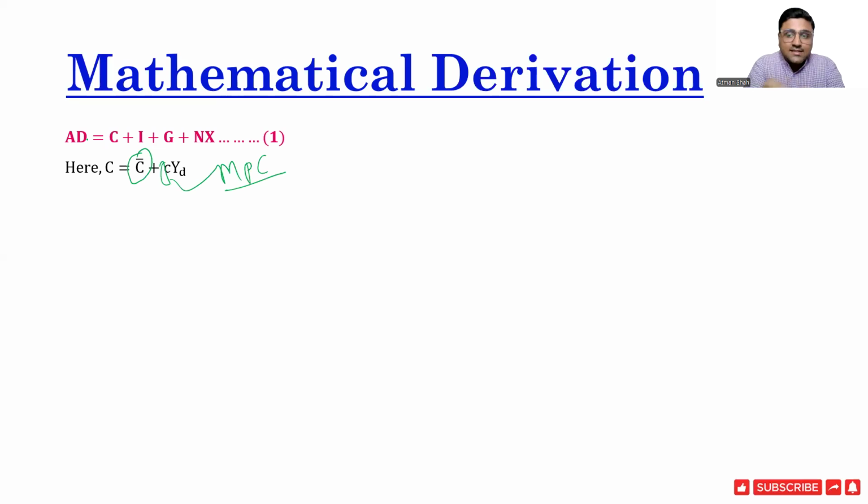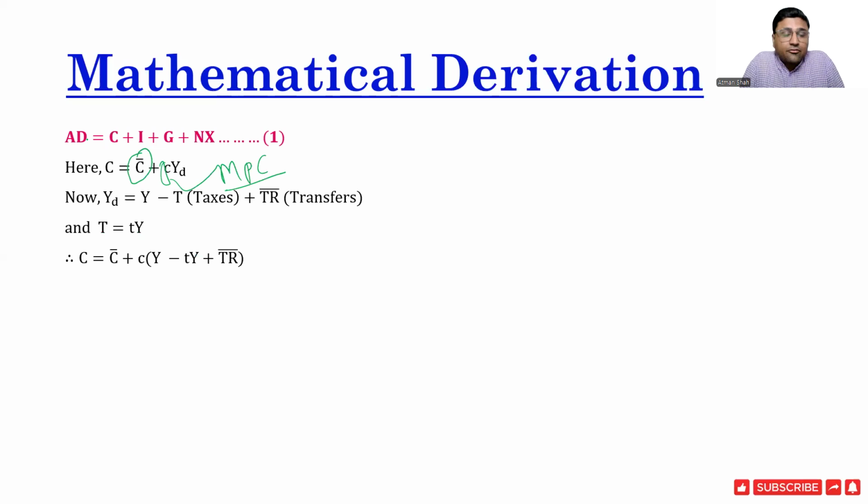And YD is the disposable income. So disposable income is your total income minus taxes plus transfers. Transfers are constant and therefore we have taken TR bar. Now what are taxes? The proportion of income that we pay to the government. So it is small t into Y. So therefore the consumption function is equal to C bar plus c(Y minus tY plus TR bar).